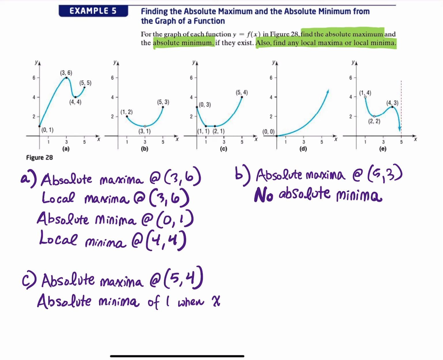I'll say x is an element of, that's what this little e means, this interval from 1 to 2. So anywhere if x is 1 anywhere up to where x is 2, it will have that output minimum value of positive 1. And that's what we see on the graph here. So there's infinite number of locations where that minimum is occurring.